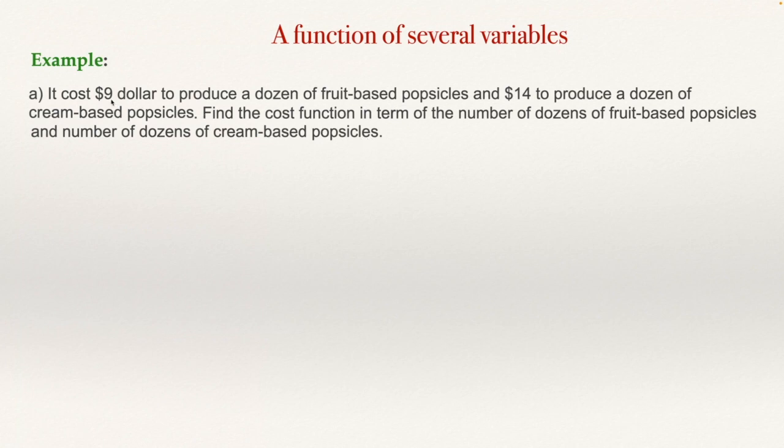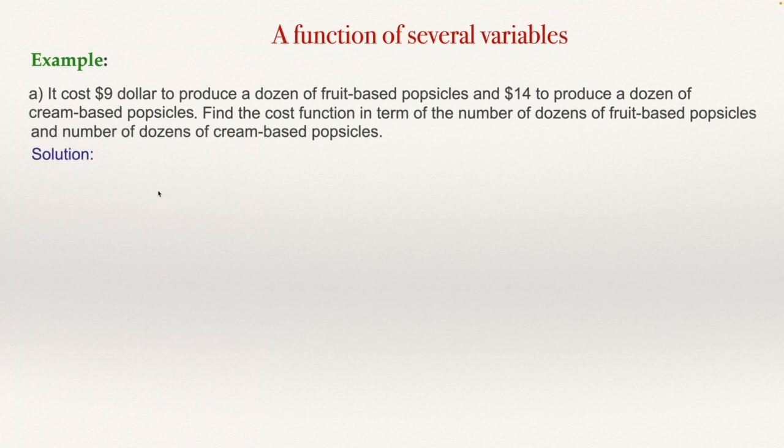But I know that producing a dozen fruit-based popsicles, I spend $9. So if I'm producing x dozen fruit-based popsicles, I need to multiply 9 times this x. And again here, if producing a dozen cream-based popsicles costs me $14, I need to multiply $14 by the number of dozens of cream-based popsicles.